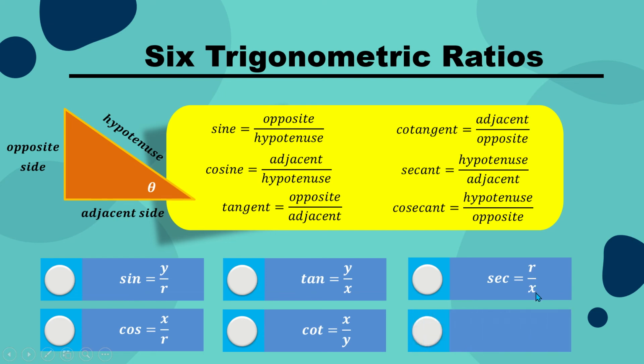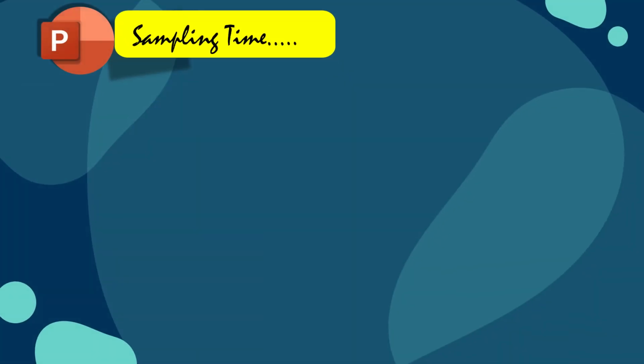Lastly, cosecant, CSC, its shortcut is radius over y, or hypotenuse over opposite side. So these are the 6 trigonometric ratios that we need to remember. We will make use of the following ratios in solving given the special right triangle.